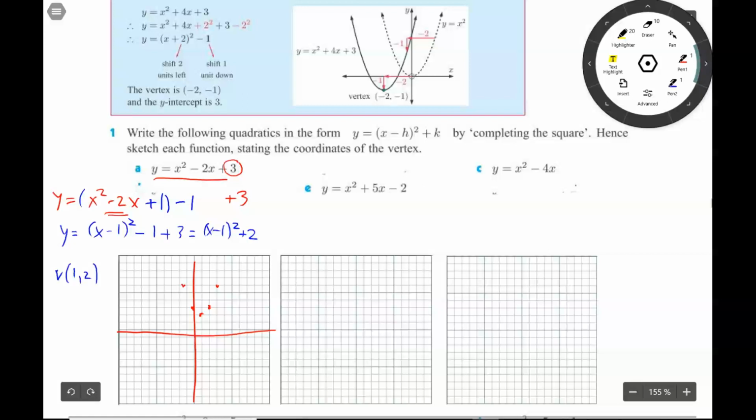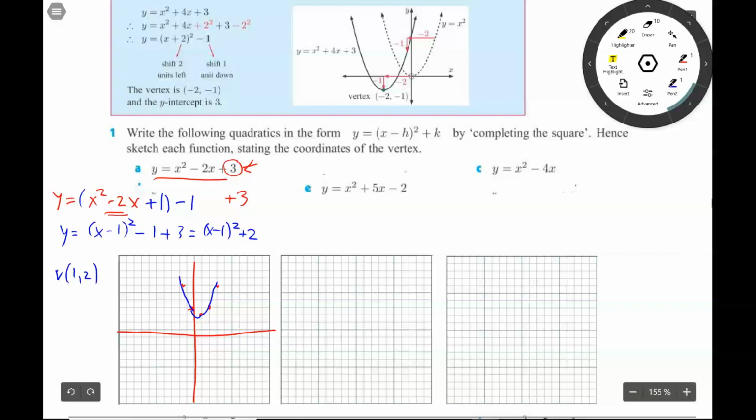And I can also check that the c value is 3, so that means that it crosses the y-axis at 3, and it really does. Okay. So that's about right.